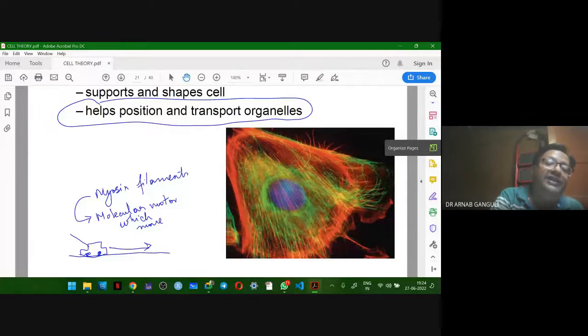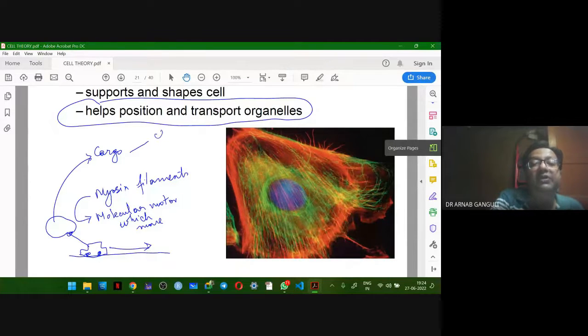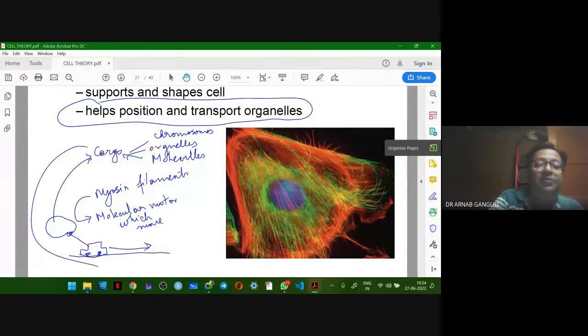On their head, they can carry cargo. And what are these cargoes? The cargo can be chromosomes. It can be organelles. It can be molecules. They transport.